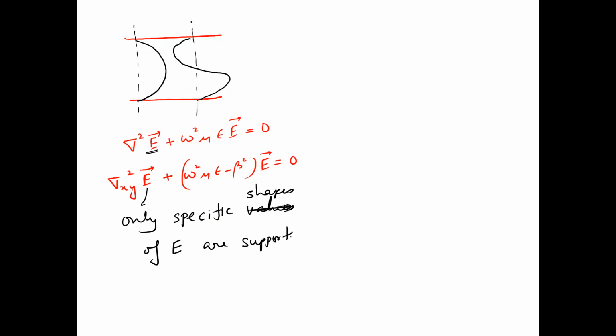And not only that, each of these shapes has a very specific beta to it. The value of the propagation constant becomes different for each of these specific shapes.